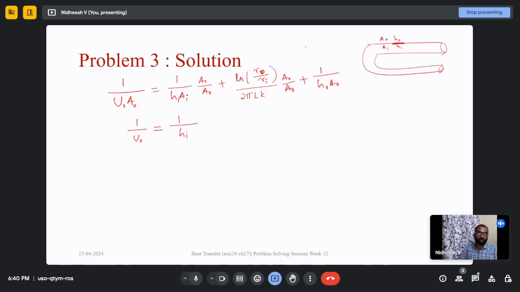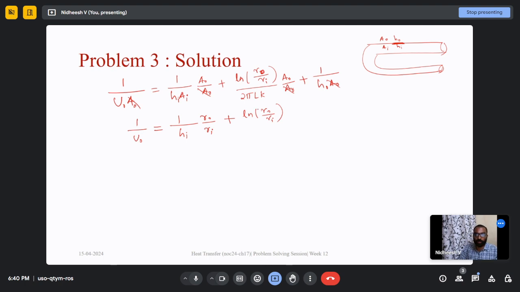A0 is actually 2 pi Ro into the total length, and Ai is 2 pi Ri into the total length. So it would be just a ratio of Ro by Ri, plus ln Ro by Ri. This A0 will get cancelled. Let me cancel this A0 here.